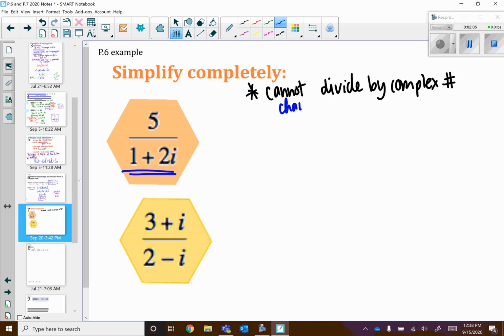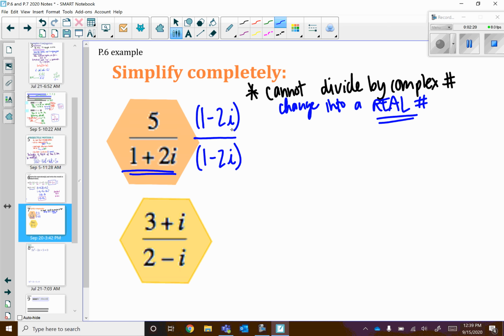So we want to change into a real number, and we do this by multiplying by its conjugate. So 1 minus 2i. And technically what we're doing here is, since we're going to multiply both the numerator and the denominator by the same thing, we are technically multiplying by 1, right? Anything over itself is really 1.